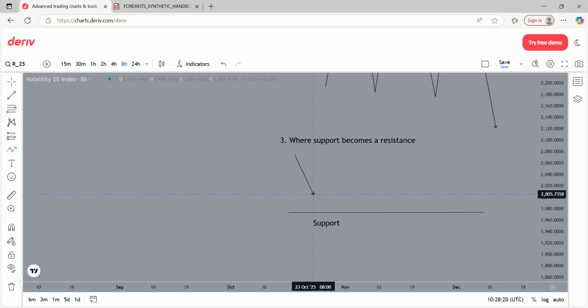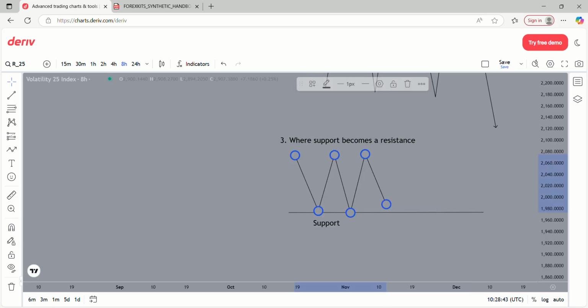Market bouncing off this area, bouncing off this area, refusing to break down this point. At some point this support will become weaker, and it will not be able to hold price again, and the market will just decide to break below the support.